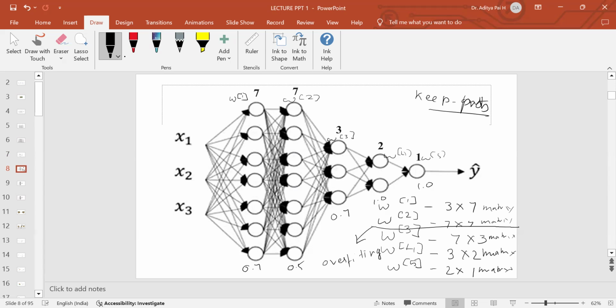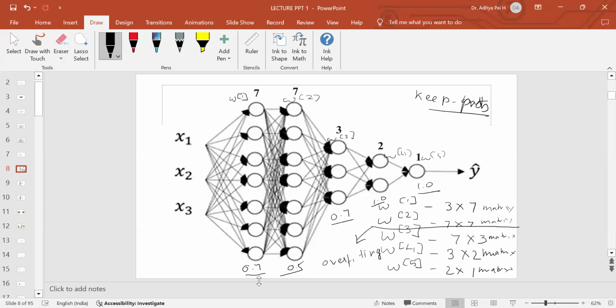Now we can keep high keep prob values for the sparser matrices, but for the denser matrices, we keep a lower value, because in a denser matrix the chances of overfitting are more, whereas in a sparse matrix the overfitting is very less.